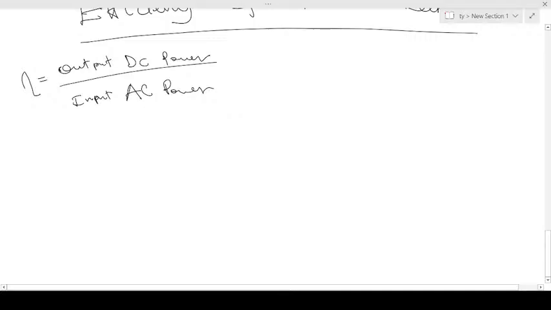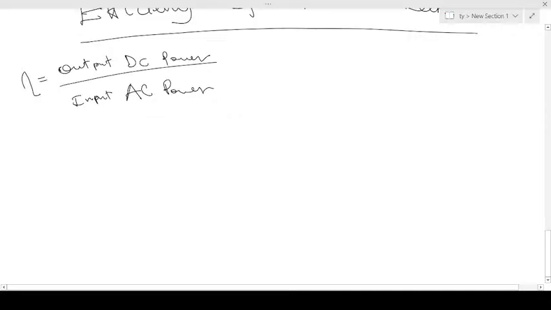So the efficiency of the rectifier will be how well it converts our input AC power to the output DC power. And the way we can measure this is by dividing our output DC power by our input AC power.